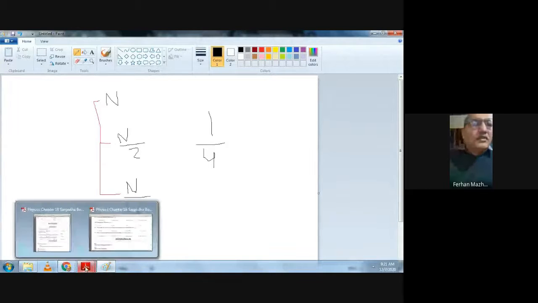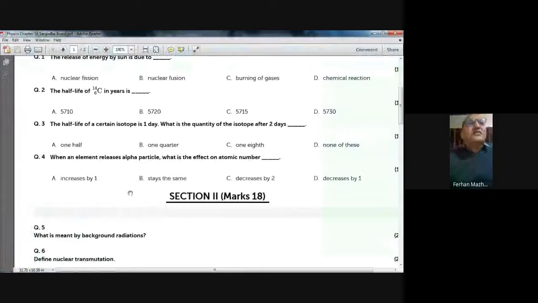Let's see what the options are. He says the half-life of a certain isotope is 1 day. What is the quantity of the isotope after 2 days? We came to know it will be 1 by 4th of the original. So what's the choice? B is the right choice. Yes, that's good.